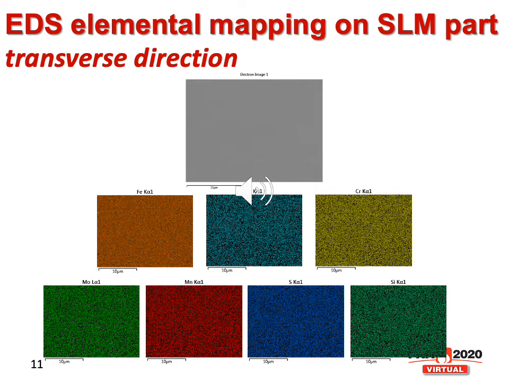The EDS elemental mapping was conducted on the as-polished selective laser melted part to investigate the chemistry distribution on both transverse and building directions. This slide shows the EDS elemental mapping results on the transverse direction.